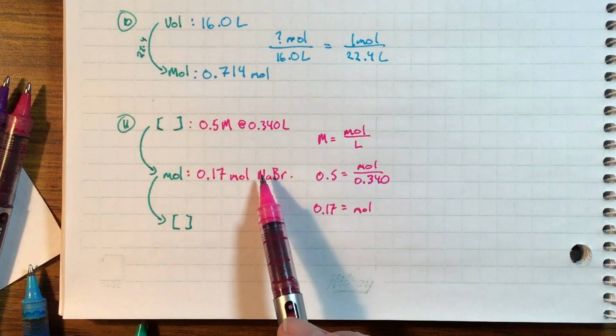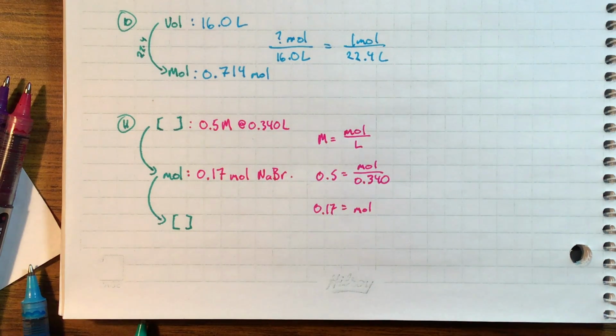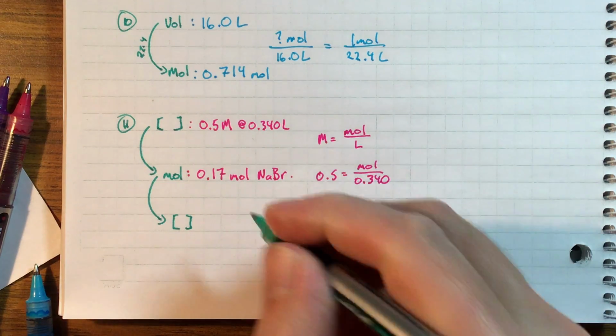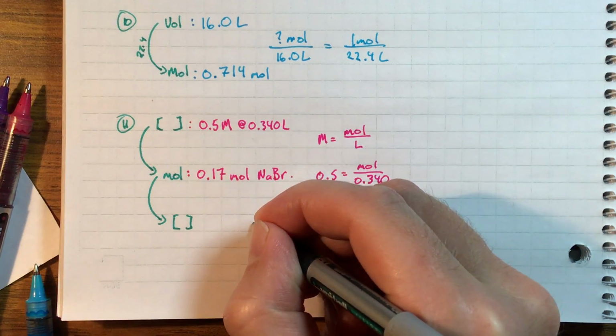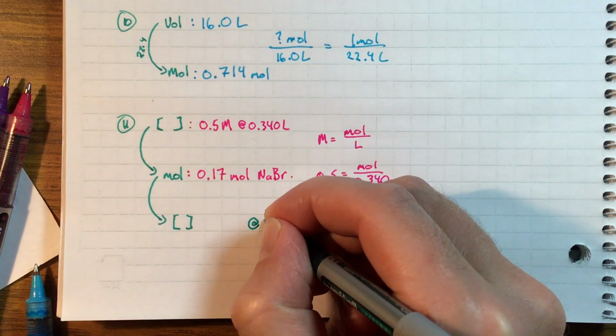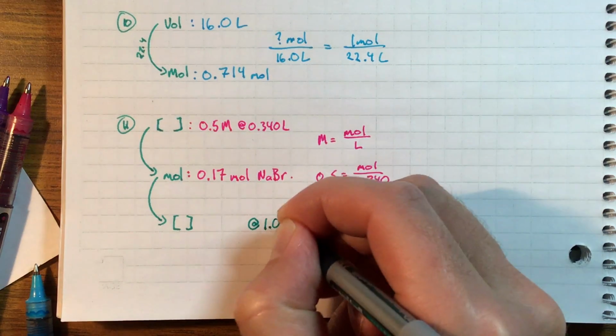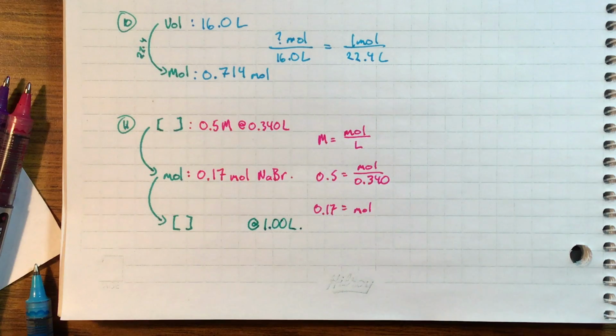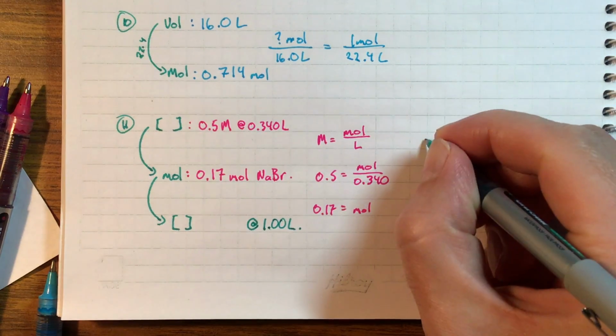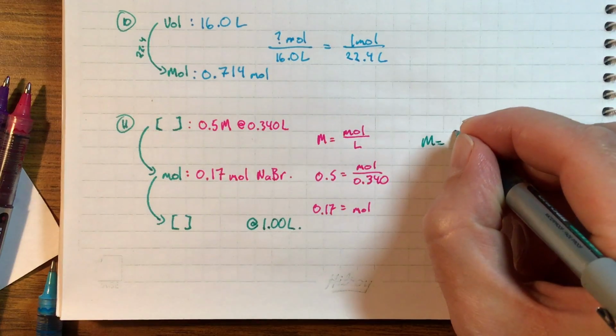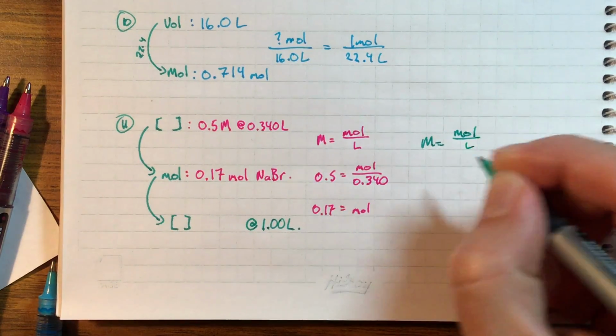Now, we know our moles. Now we're going to add 560 milliliters of water. So down here, what's our concentration with 1 liter of water? Well, let's do our formula again. Concentration is equal to moles per liter.